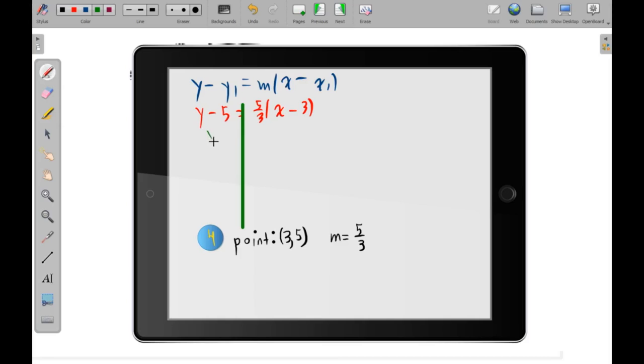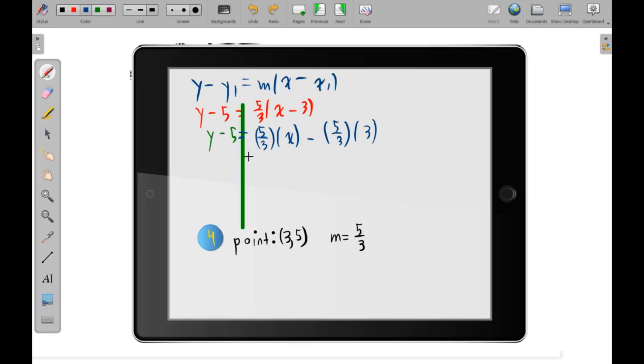So y minus 5 equals, different color for that, equal sign. Our 5/3 says hi to x. Minus sign inside. And our 5/3 says hi to our 3. Of course, you can use arrows, whichever works for you.